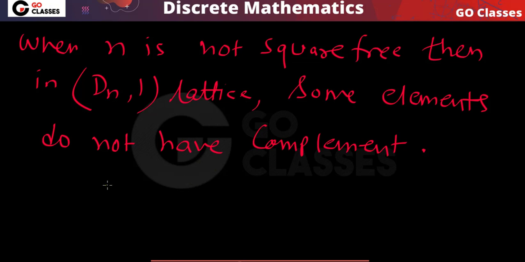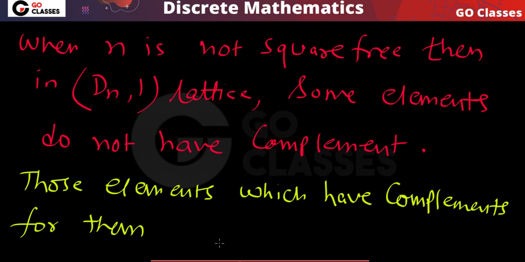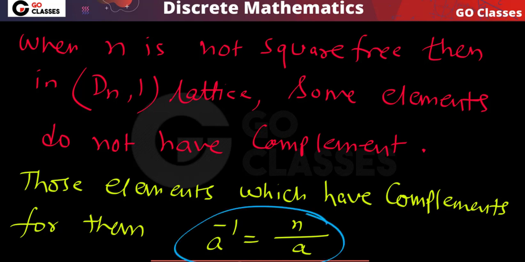Those elements which have a complement, for them the complement of a will be n divided by a.